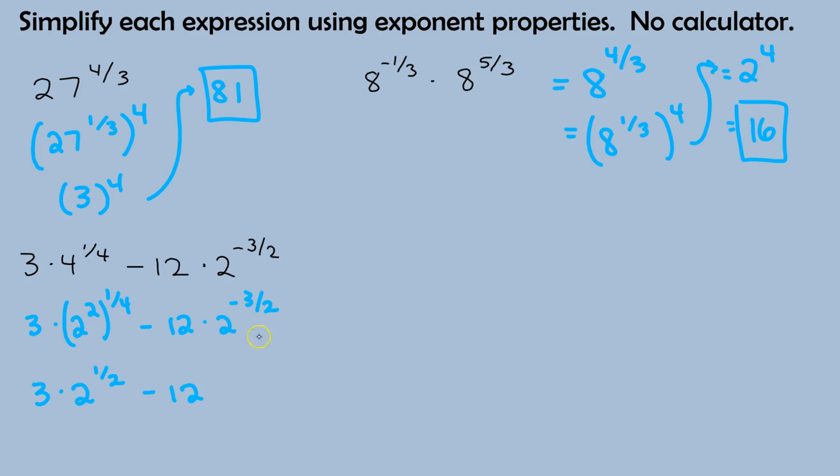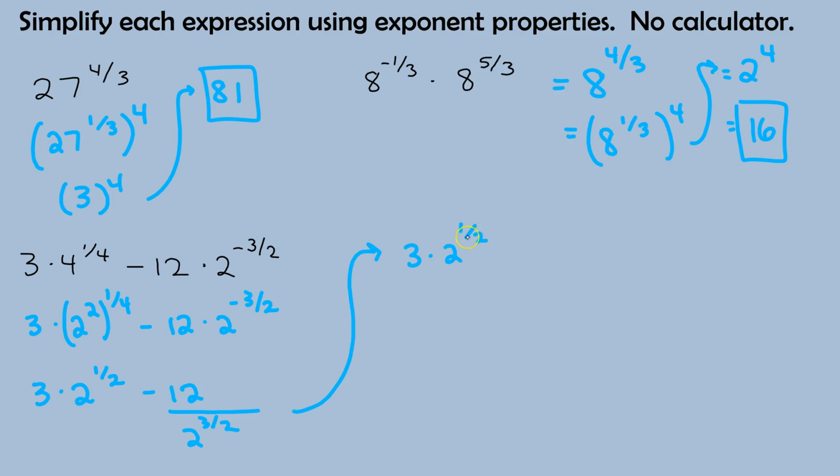And if you have a negative exponent, you can change that into the reciprocal. So we have 2 to the 3/2 on the bottom instead of 2 to the negative 3/2 on the top. I'm thinking if I do more, somehow these might combine. I'm trying to figure out if they will. So let's see. Let's keep this as 3 times 2 to the 1/2. We could also think of that as 3 times square root 2.